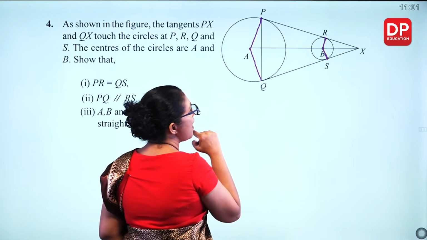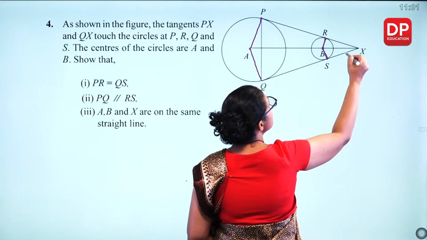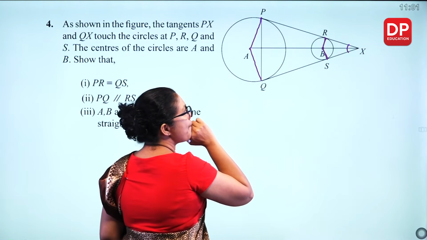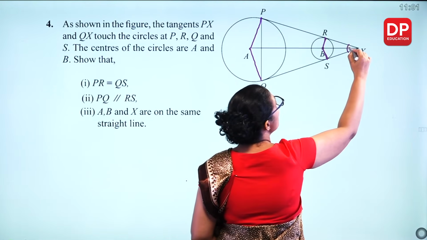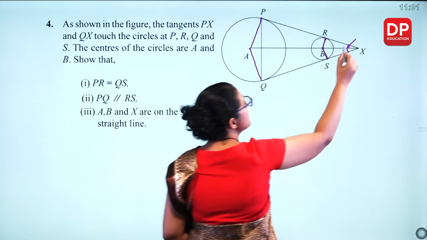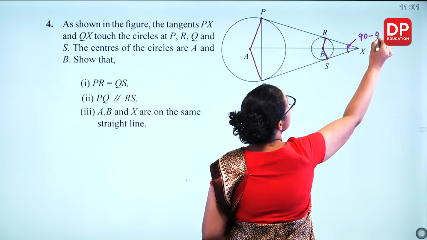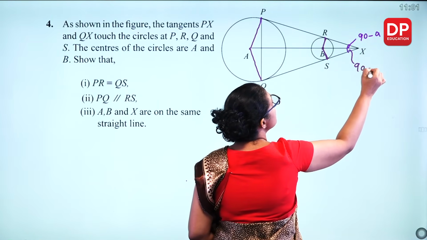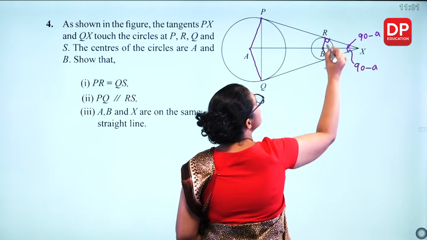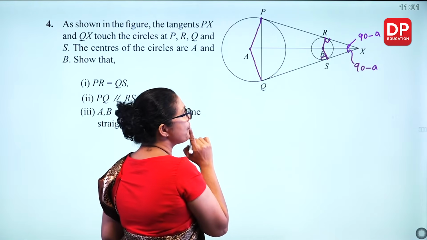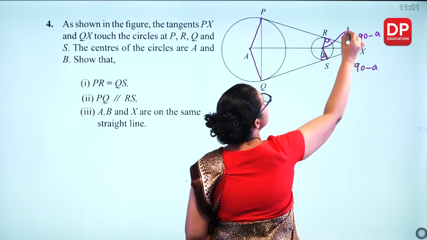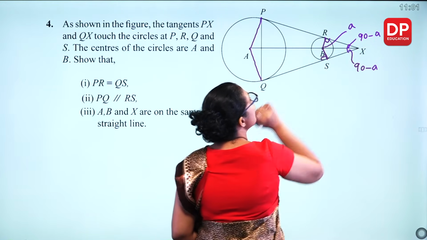From the previous part, we took this one as 180 minus 2A. So what is one angle? 180 minus 2A divided by 2, that's 90 minus A. This is also 90 minus A. But we know this is 90 degrees. If this is 90 minus A, what's this angle? This angle is A here.